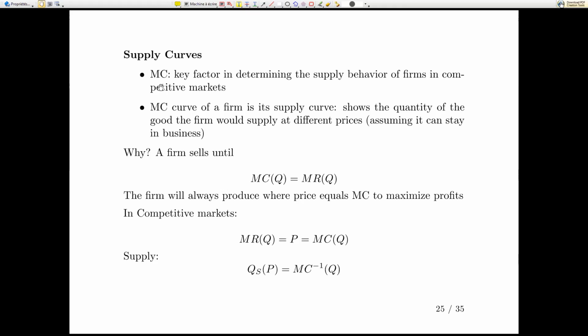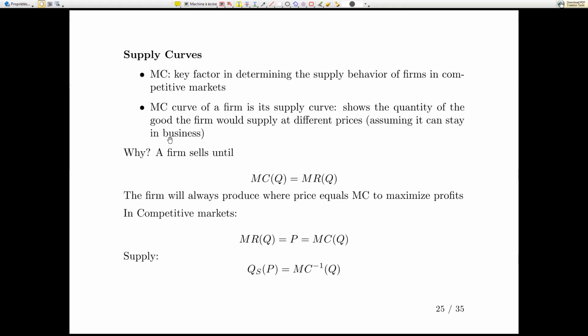Supply curves. Marginal costs are a key factor in determining the supply behavior of firms. Why? Because they are exactly the supply curve. So the supply curve is the marginal cost curve. Why? Because firms are going to accept to produce a certain quantity as long as at least, yes, I will post all the slides, so you don't have to worry about this.